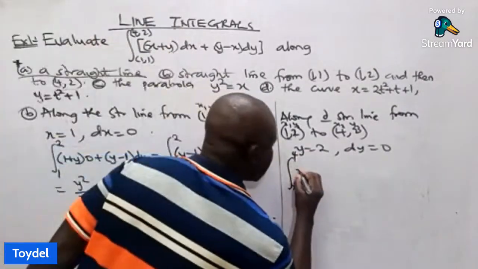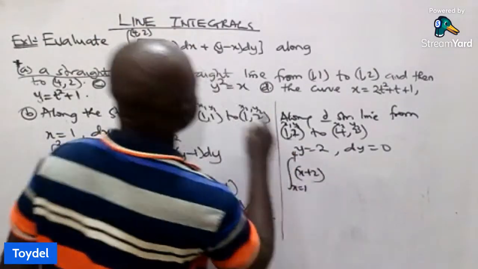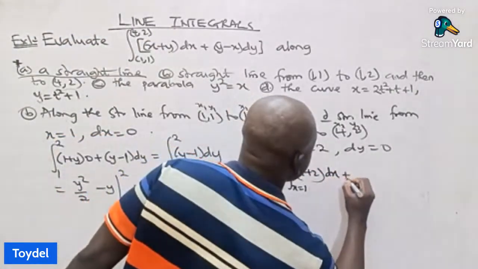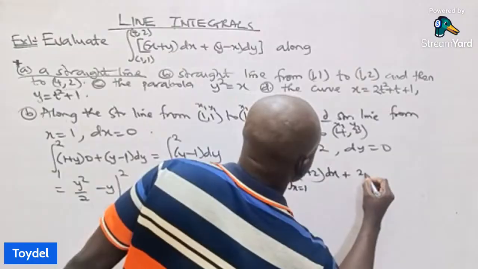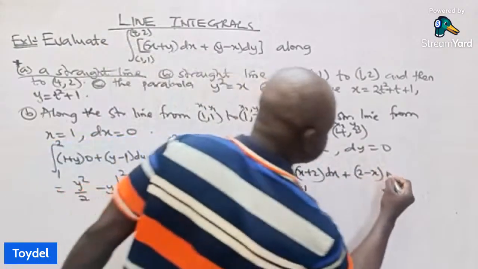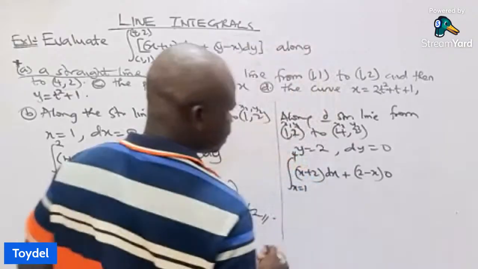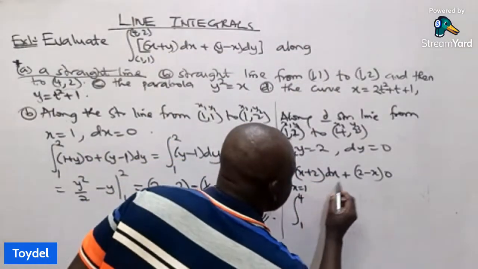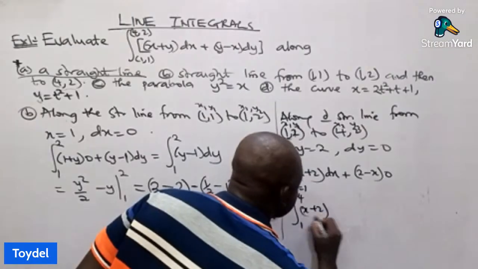So we have (x plus 2) dx, then plus (2 minus x) dy, and dy here is 0, so everything there will vanish. From here, we are going to have the integral from 1 to 4 of (x plus 2) dx.